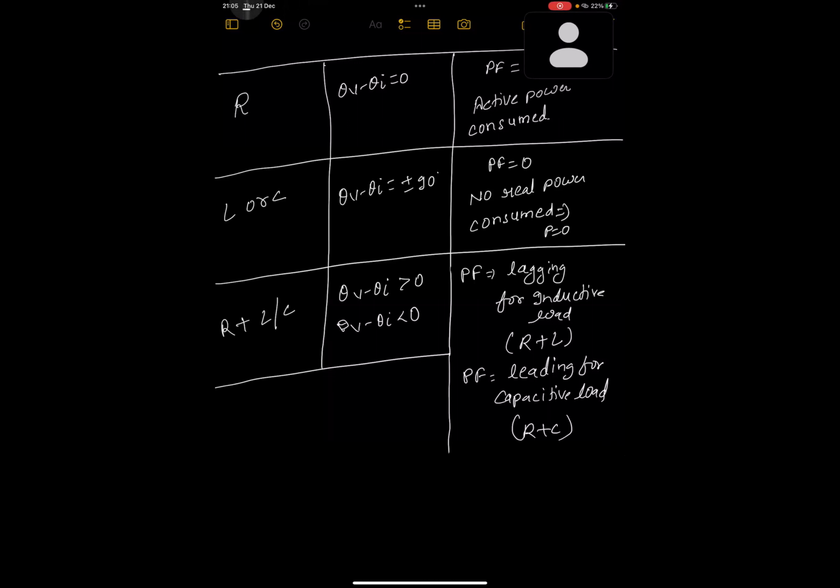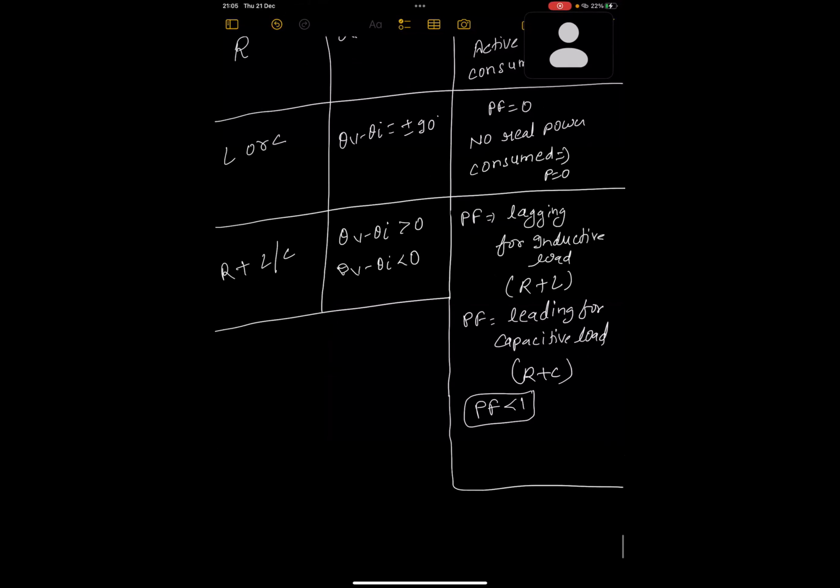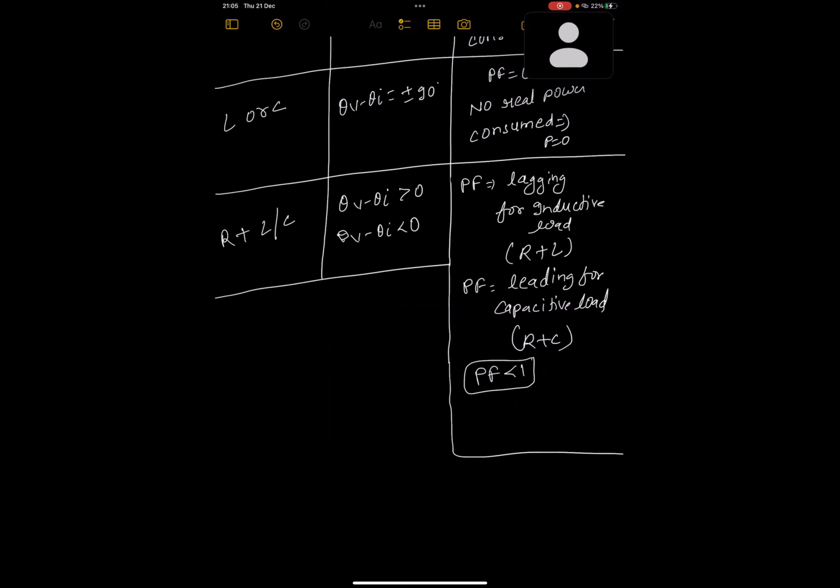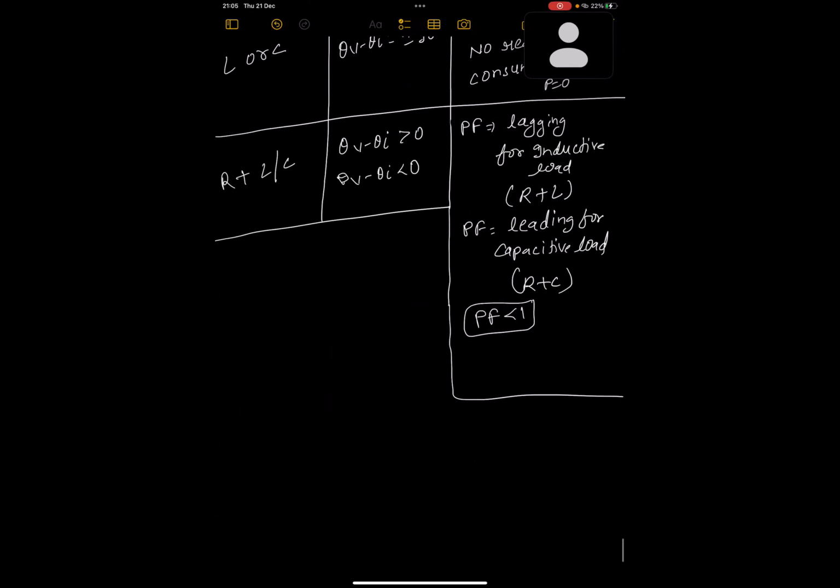And what is meant by that? Here the power factor is always less than 1, meaning some part of the apparent power is consumed.